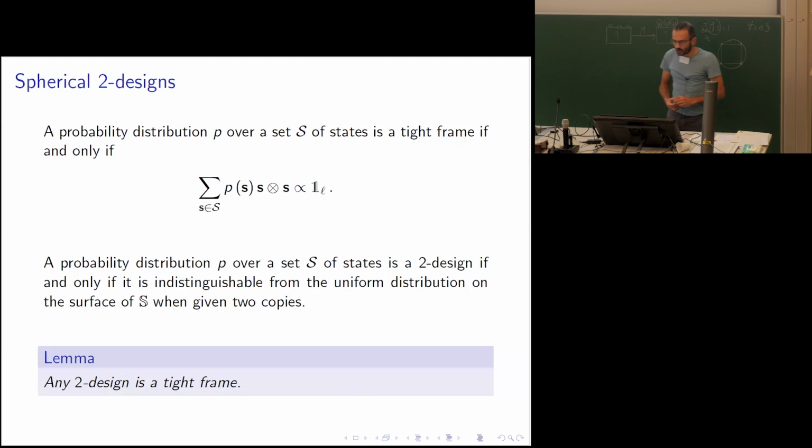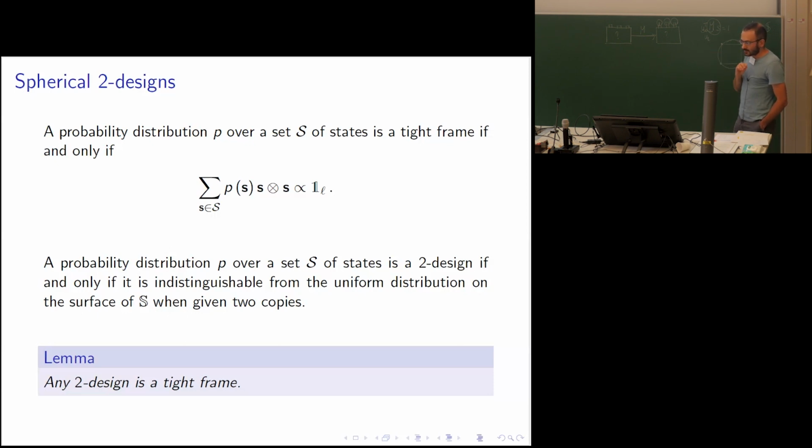To solve this, I need to introduce a couple of concepts. A tight frame in this geometrical space is just a probability distribution over states such that the tensor product of two copies is, up to a constant, the identity. This is just a probability distribution over states, sufficiently irregular, let's say. And then I define another concept.